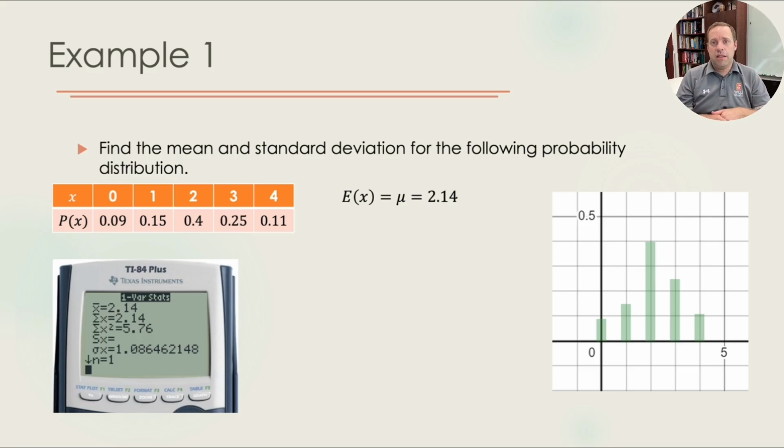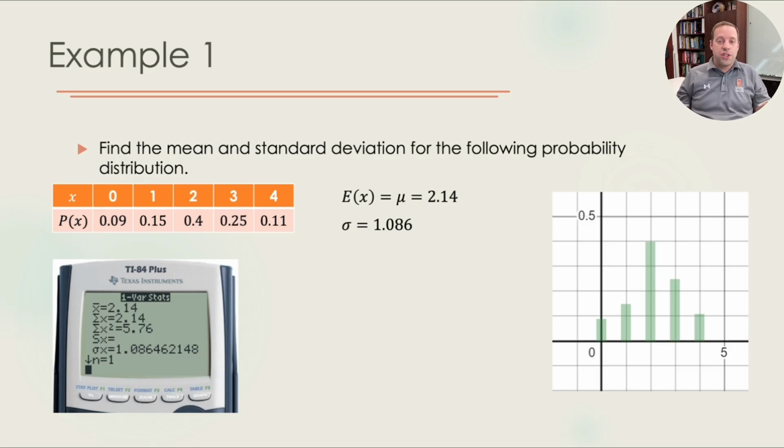There's nothing there. That's because when we deal with standard deviations of a probability distribution, we don't have to worry about these degrees of freedom. And so sample standard deviation goes away. It's just one standard deviation to describe the whole population. Anyway, if you read that, we get a standard deviation of 1.086.